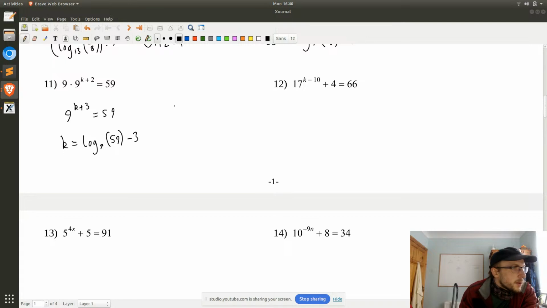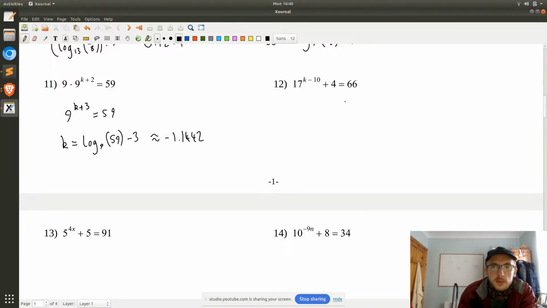Negative 1.1442. Here, take 4, so 62. Log base 17, add 10. Whoops. Whoops indeed. Plus 10, like that.